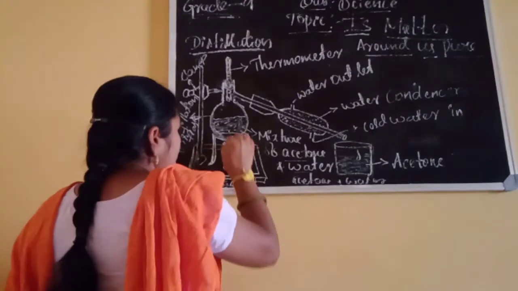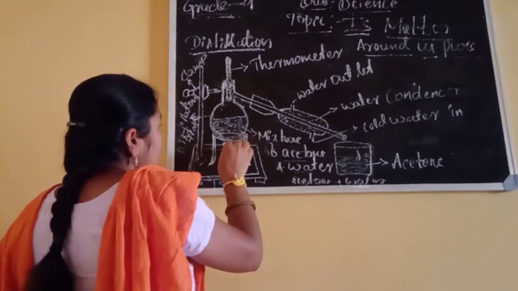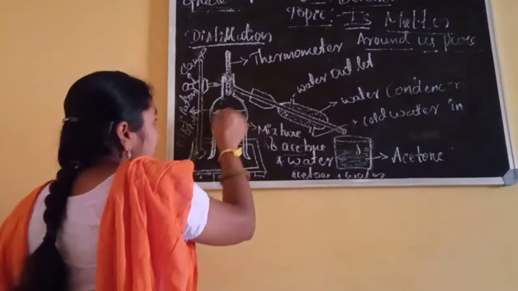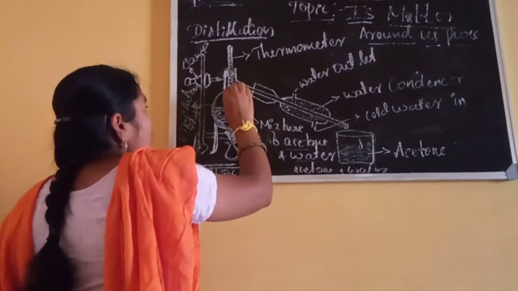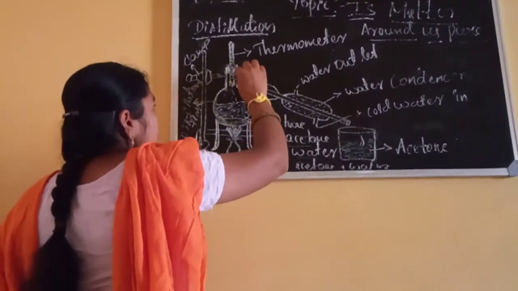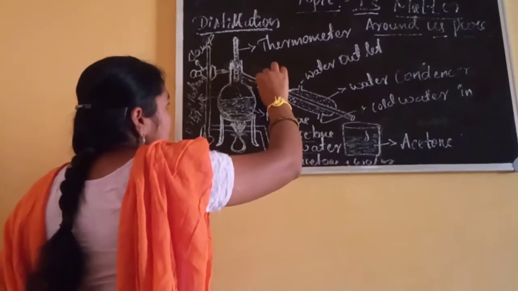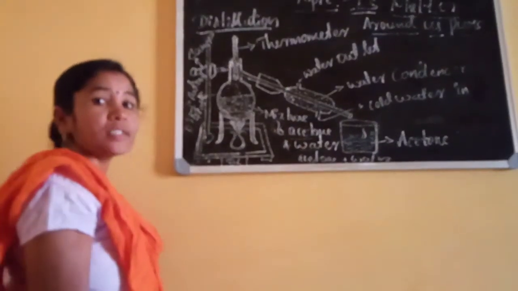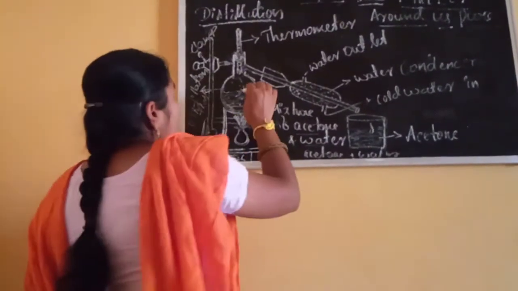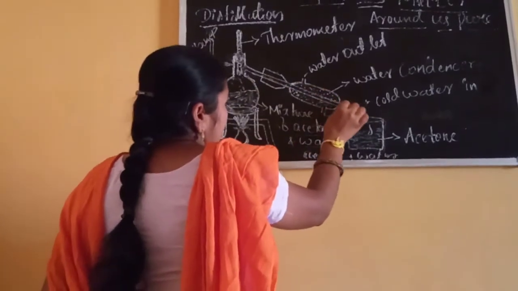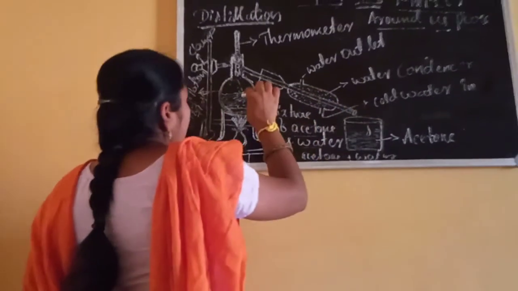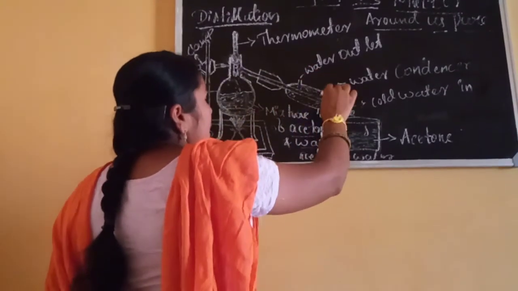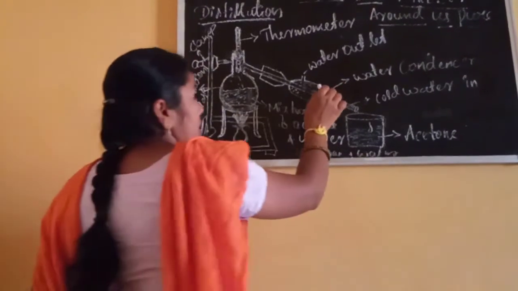When you continuously give heat, in the mixture of acetone and water, acetone evaporates first. Through this open tube the acetone will come. After that, with continued heating, the water also evaporates and condenses here in the water condenser.